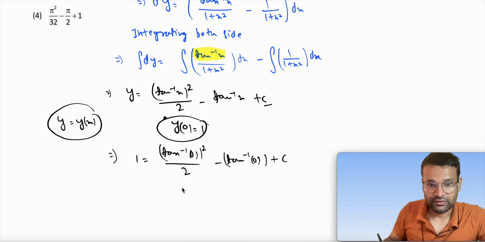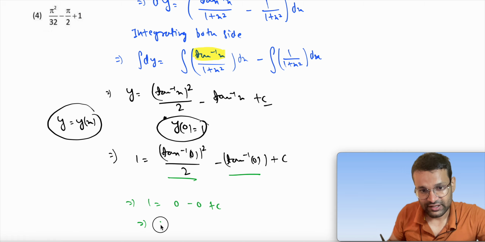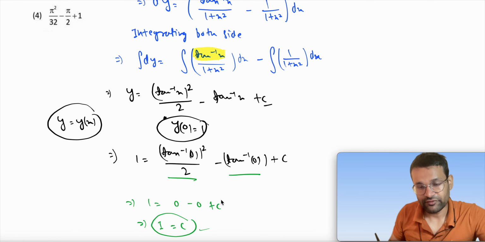This part is 0, this part is 0. So 1 equal to 0 minus 0 plus c. So the value of c is 1.